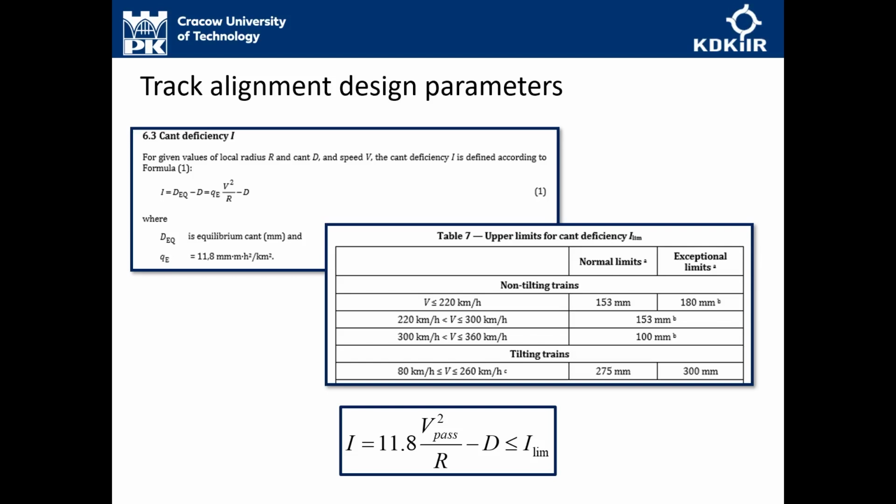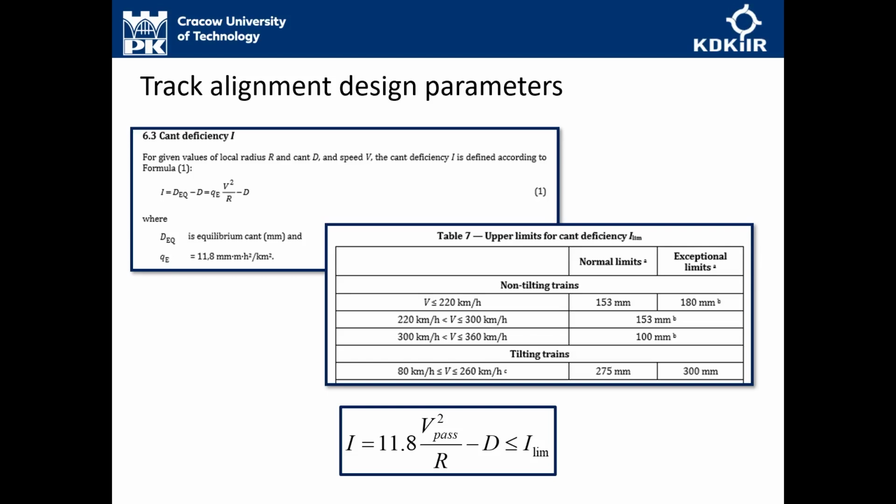This equation consists of a few parameters that need to be defined. Here we have, among other things, the maximum speed V. We have the radius of our curve R, which you define by yourself. We also have our cant D, and we have the Qe parameter, which in our case is 11.8.